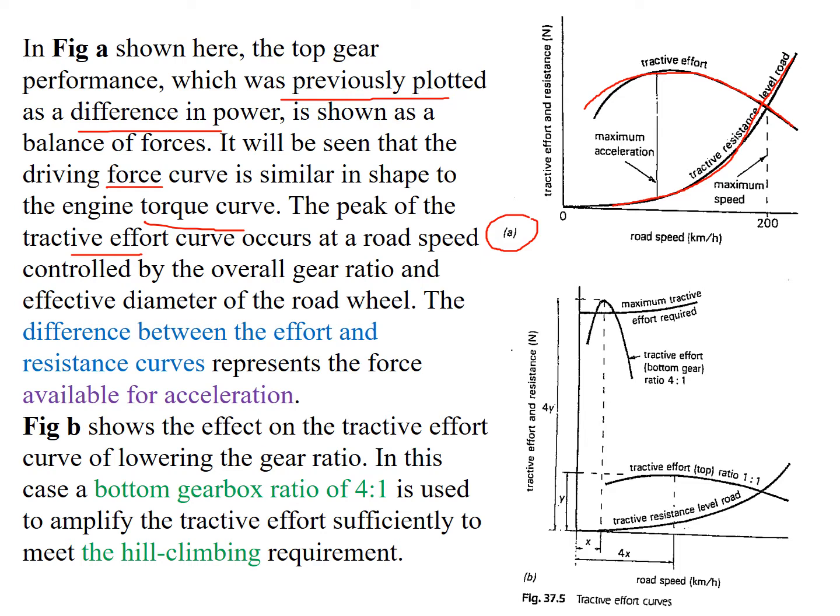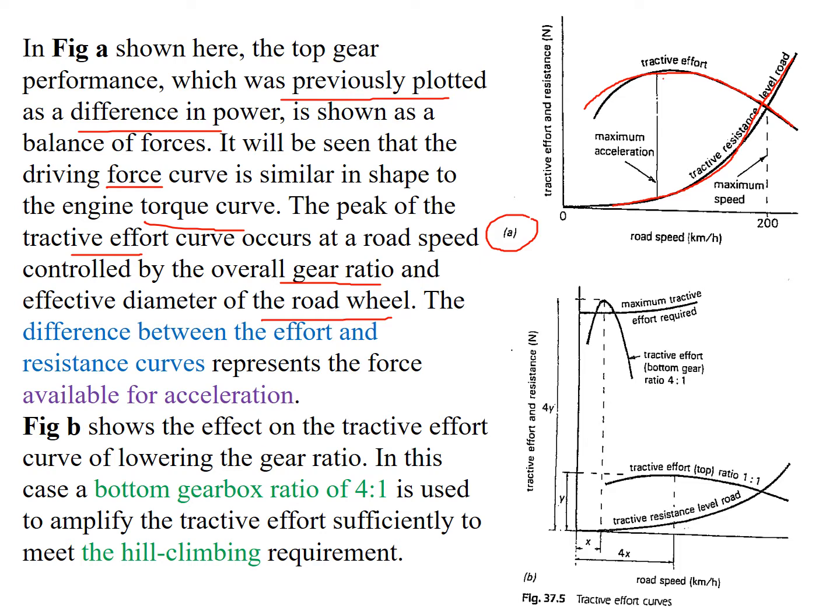The peak of the tractive effort curve occurs at a road speed controlled by the overall gear ratio and the effective diameter of the road wheel.